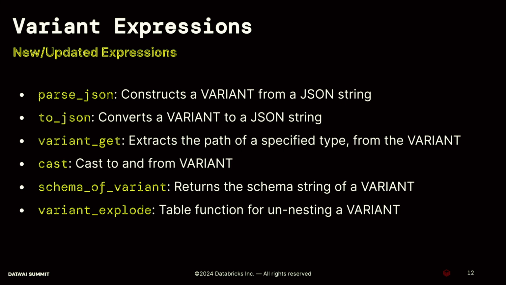We have variant get, which is the main way to extract a piece of data from the variant. So you can provide a path and a type that you want, and then it'll return you that piece of data. Cast has been updated to support casting to and from variant. We have schema of variant, which can detect a particular schema of a variant. And we also have variant explode, which will unnest a variant object or variant array.